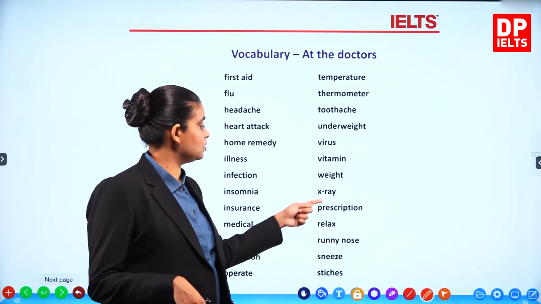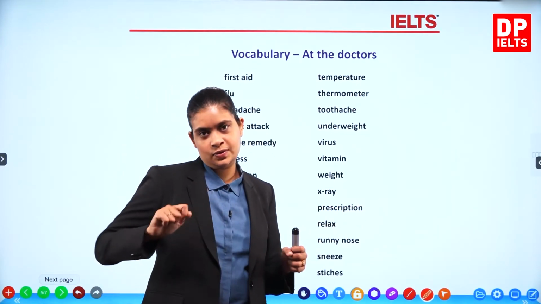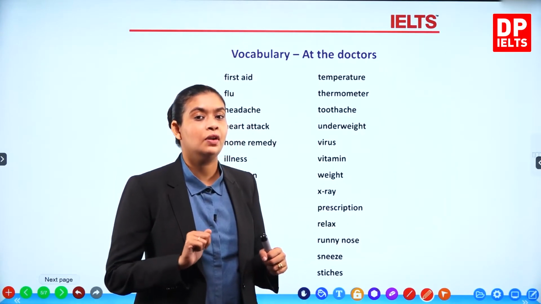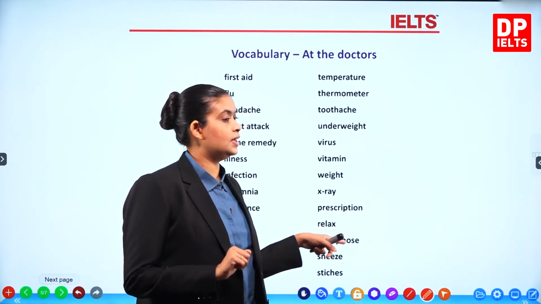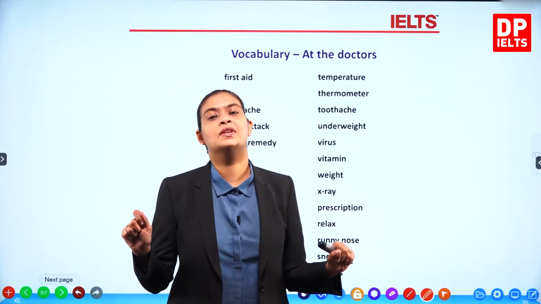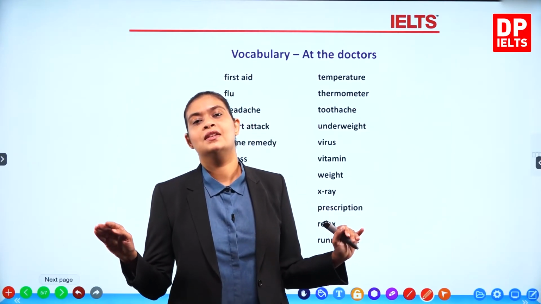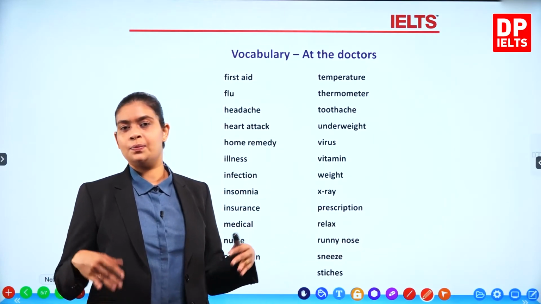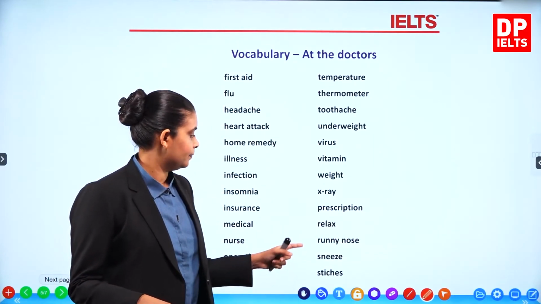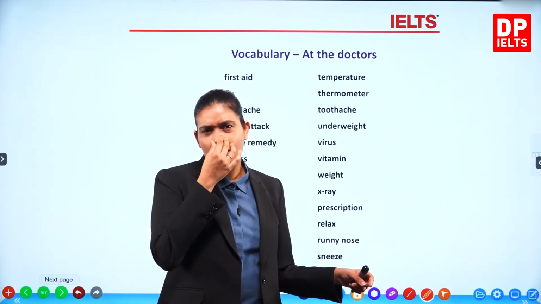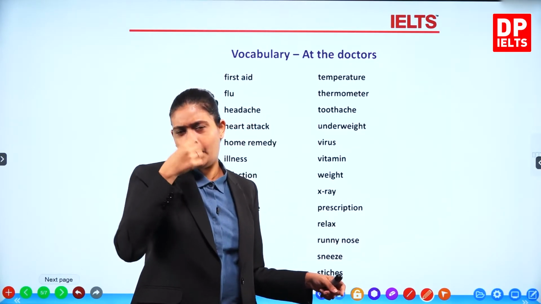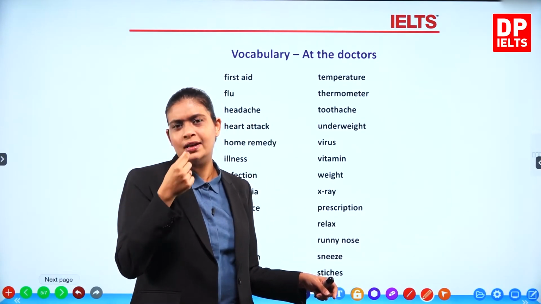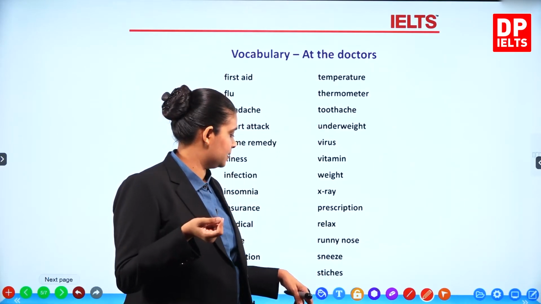Prescription is what the doctor writes and gives you the medicine, that is called a prescription. Relax. I love doing that, just to relax a bit. Take no stress. You can lie down and just sleep or read a book, right? Runny nose, when you're having like watery pouring from your nose like water, right? So that we call it a runny nose.